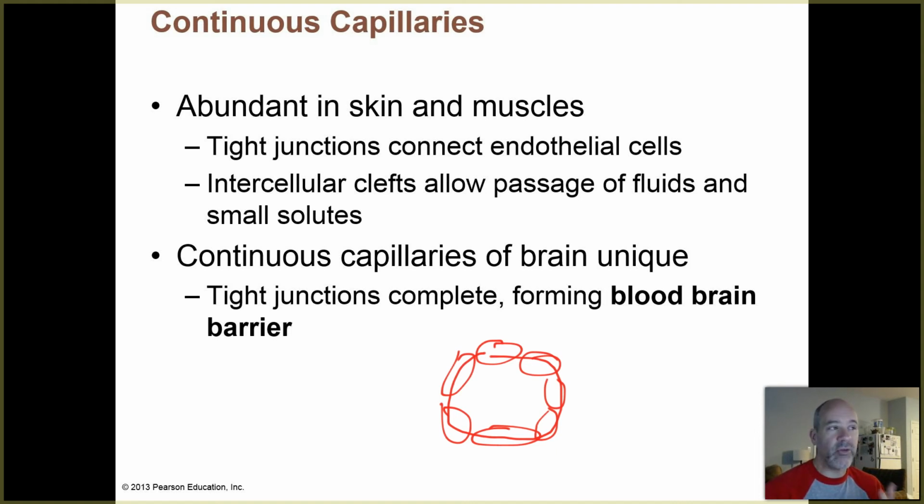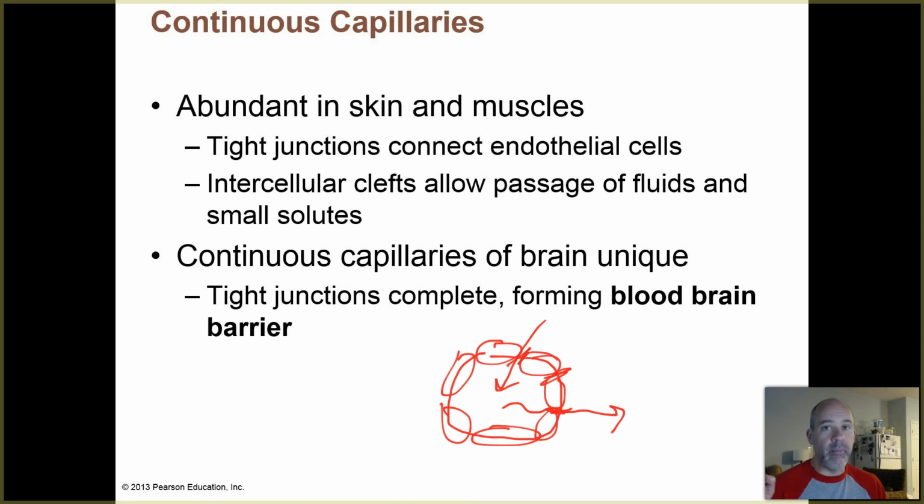So these have intercellular clefts. Those are like little pockets in between the cells, which allows fluids and smaller solutes to pass out of the capillaries and into the surrounding tissues, and vice versa. You need to have wastes that move from your tissues back into those capillaries.